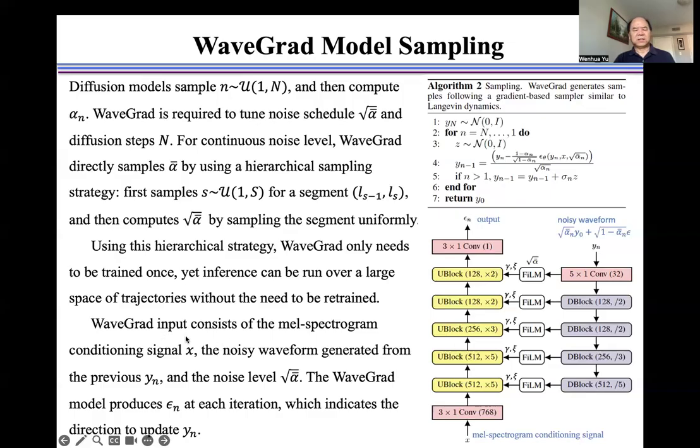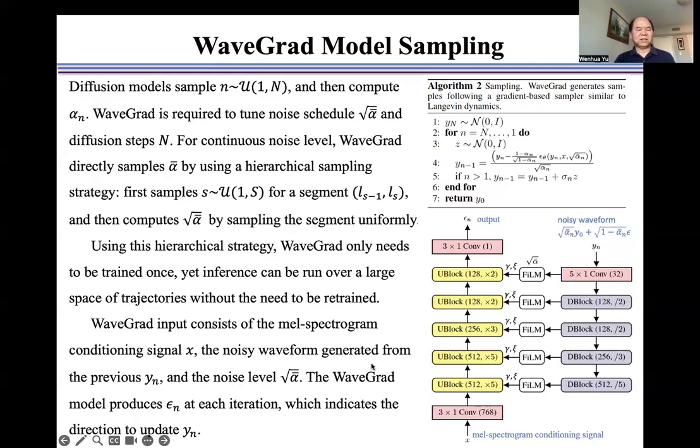WaveGrad input consists of the mel spectrogram conditioning signal X, as shown here, a noisy waveform generated from the previous y_n, and the noise level root alpha bar.